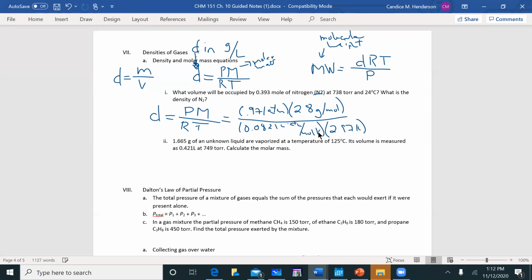And let's see what happens with the units. Kelvins cancel, ATMs cancel, moles cancel. Sorry, there's my Kelvin. And we'll be left with grams per liter, which is in fact the unit that we want to use for density. So just plug that in: 0.971 times 28.